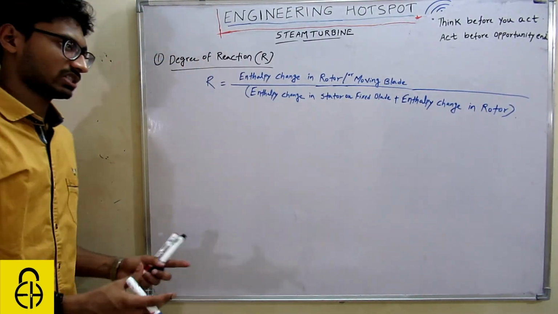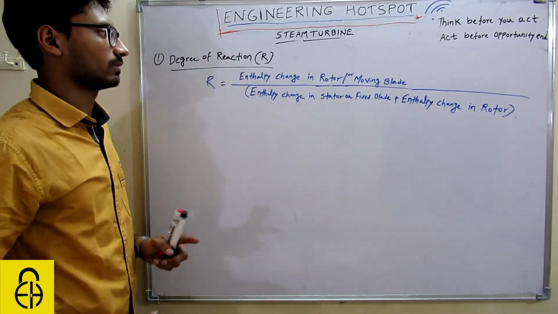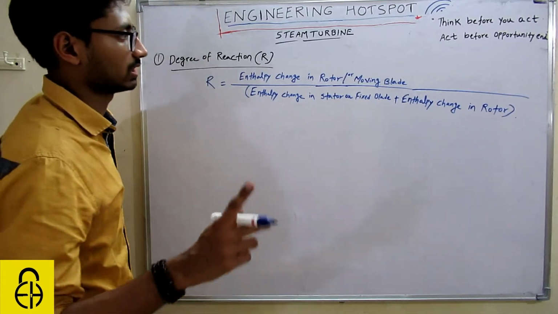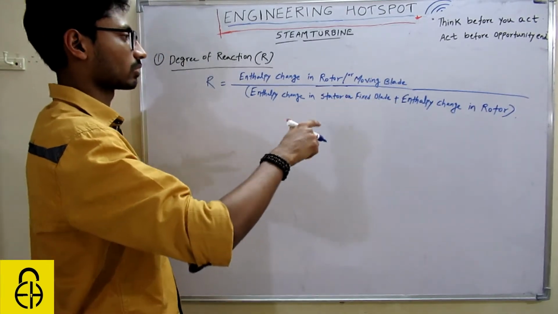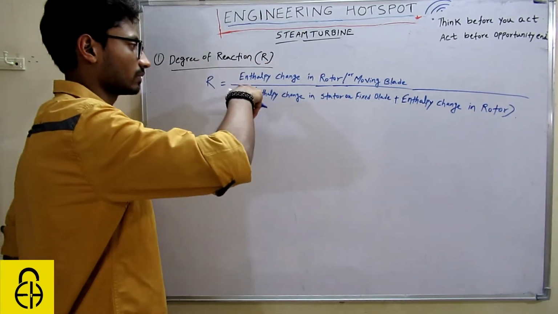The stator and rotor together form one stage. So the enthalpy change in stator plus enthalpy change in rotor is basically the enthalpy change for one stage.